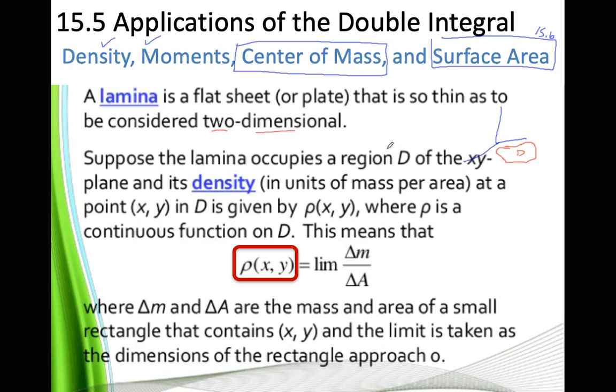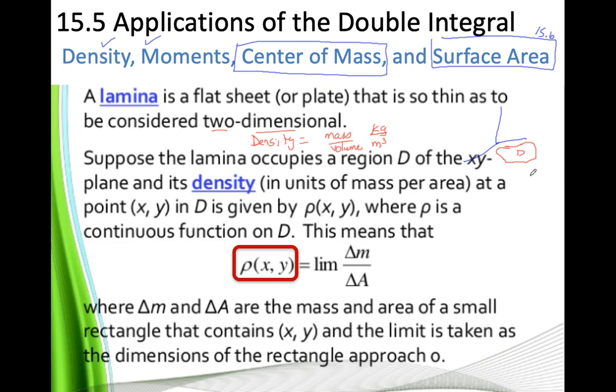But we're going to say that it doesn't have a constant density. You probably know from physics that normally density is mass per volume, so your units might be something like kilograms per meters cubed.